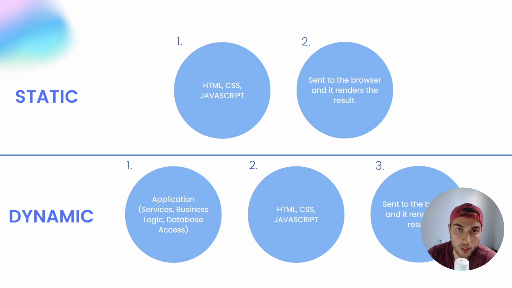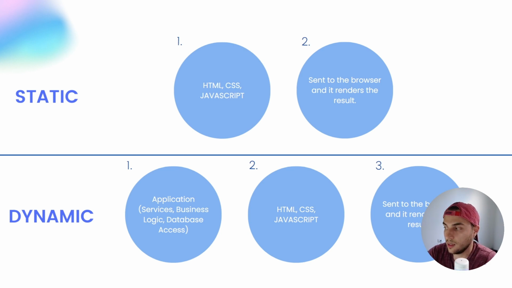But for now, if you just need to build, for example, a website or a blog, or some page to promote your company, things like that, that does not need any kind of behavior like the one I explained, then it will be more intelligent to go through a static approach, because it is going to be easier to develop, it is going to be faster also, and you don't have to worry about other kind of things that a dynamic approach needs to have in mind.